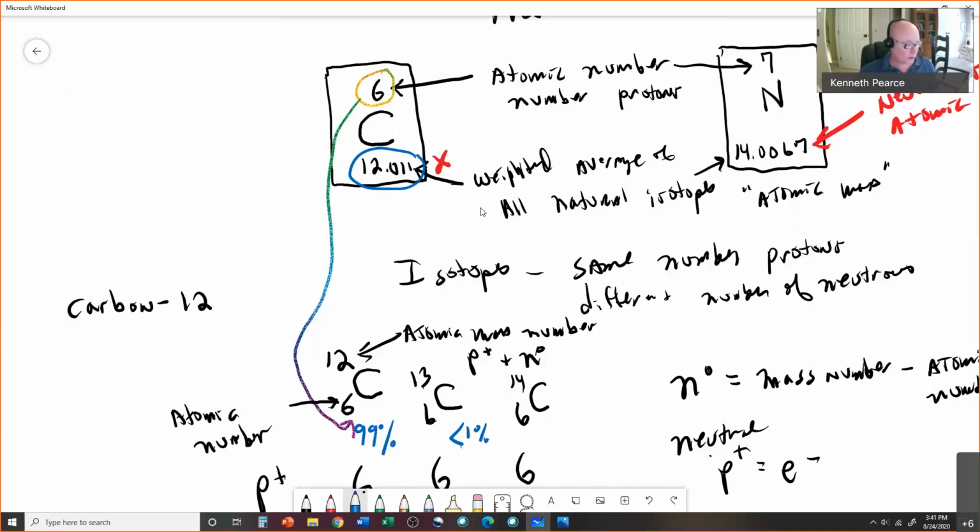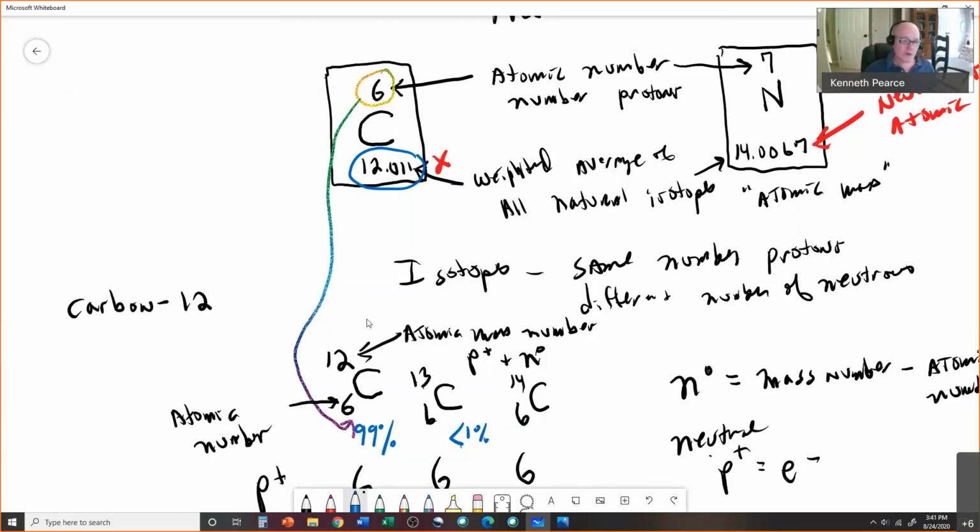When we're doing chemical reactions, typically we have a naturally occurring isotopic mixture. Now you can buy samples that are 100% pure carbon 12, and samples that are very close to 100% carbon 13 or carbon 14. And so they wouldn't have an isotopic average. It would be just carbon 12 or whatever.